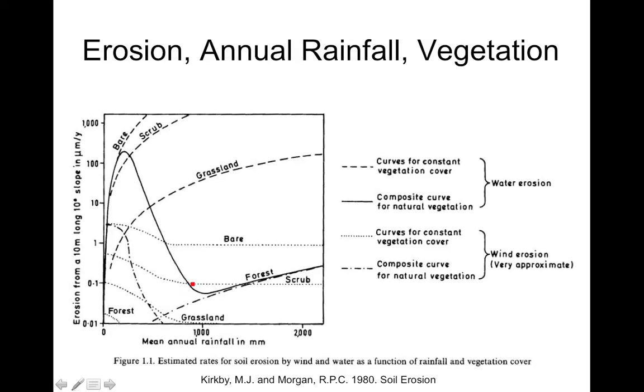And it's kind of weird, right? More rainfall, then the more potential for erosion, but maybe not, because what happens is vegetation takes over. And with higher amounts of rainfall, we can have higher vegetation densities.